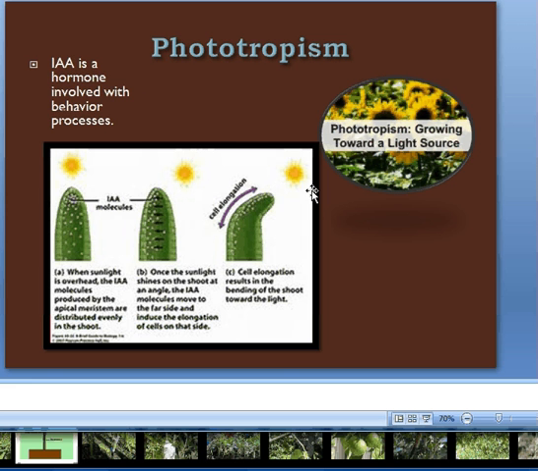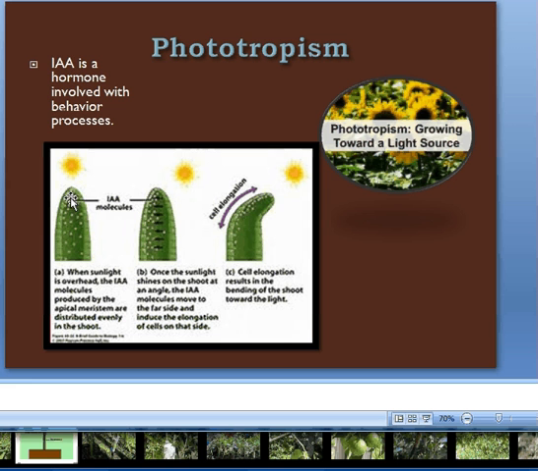I'm sure we all know, and you've seen it a million times, where plants grow toward the light. If the sun's out, the plants are going to start leaning toward where the sun is. And this is all caused by auxins, and maybe from your reading you remember that. It's auxins that are found in the meristem, the apical meristem here of plants.